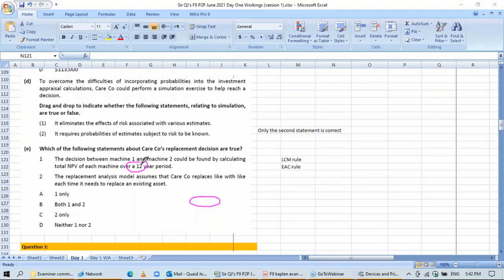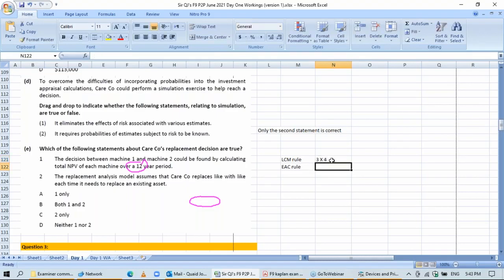So 3 multiplied by 4 made 12 years. In that case we don't calculate EAC, we just calculate present value, the step 1 only, and the option with the lowest present value will be considered the most feasible option.